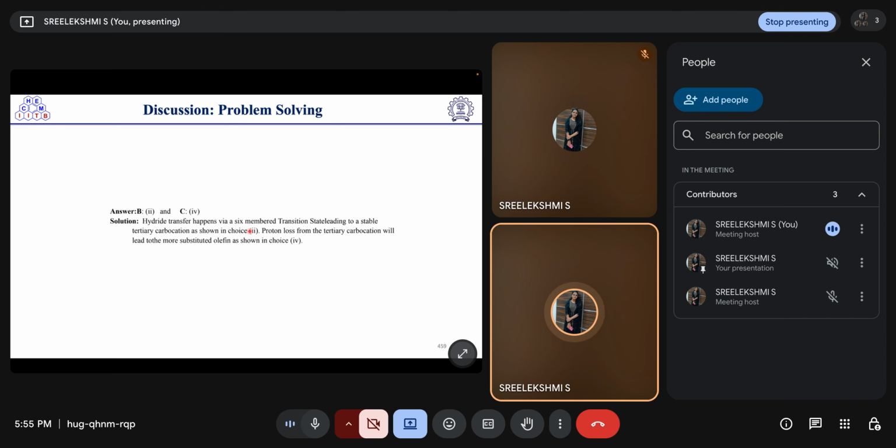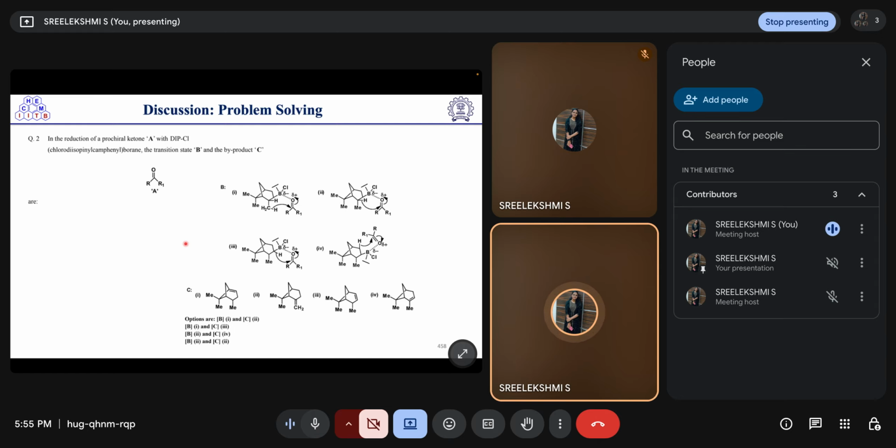So hydride transfer happens via a six-membered transition state leading to a stable tertiary carbocation. So here, if hydride is transferring from this position, it will give this tertiary carbocation, and if it is from this one, it will give a primary carbocation. So tertiary carbocation is more stable, so it will go through this intermediate.